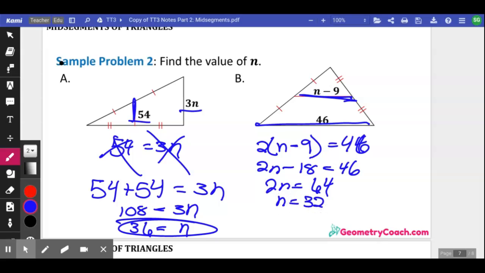And then, yes, you can just split that in half if you wanted to make things easier. In this case, since it's an even number, you can just do n minus 9 equals 23, add 9 to both sides, and you still get 32.